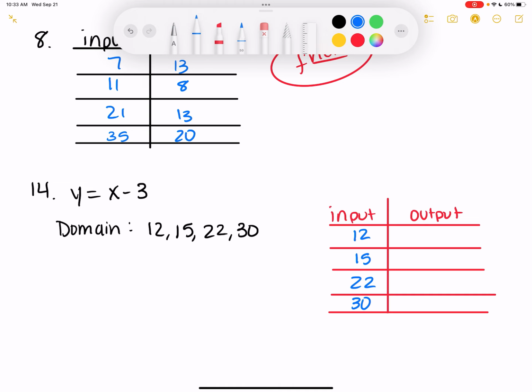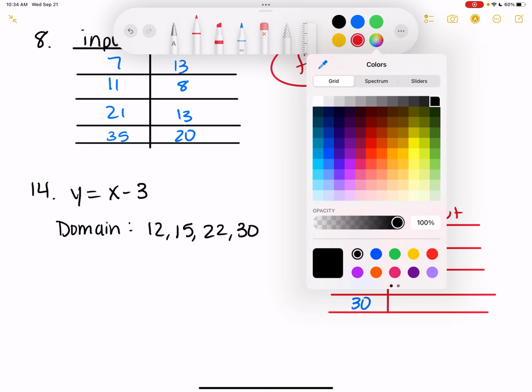Now, is domain X or Y values? Domain is X, so we are going to plug in each of these values individually. We're going to end up doing 4 problems within this to find the output value that goes with the input.